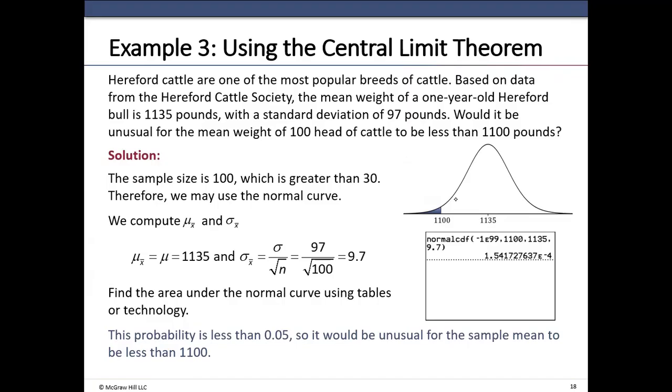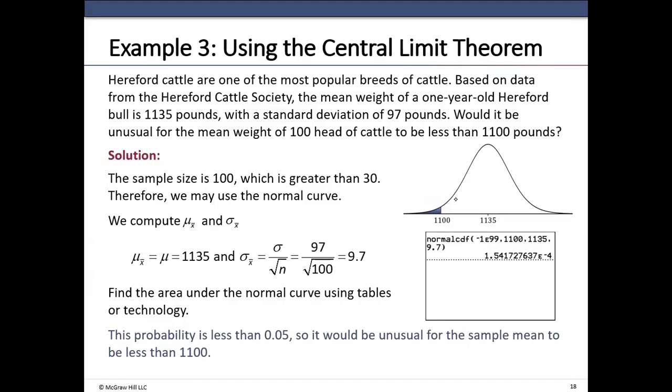So second verse, number 2, the lower boundary is a very large number on the left. So it is minus 1 E99. Upper is 1100. Mean is mean of the population, which is 1135 pounds. The standard deviation is 9.7, not 9.97.